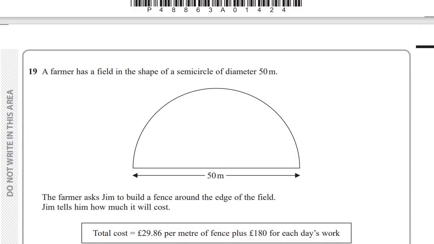Now here we have a farmer, and his field is in the shape of a semicircle. The diameter is 50 meters.